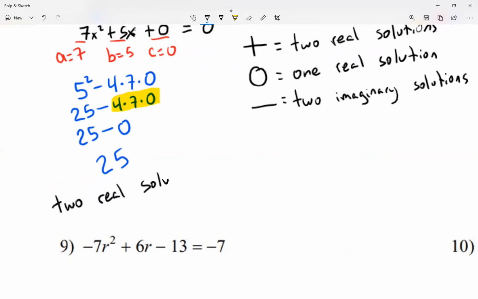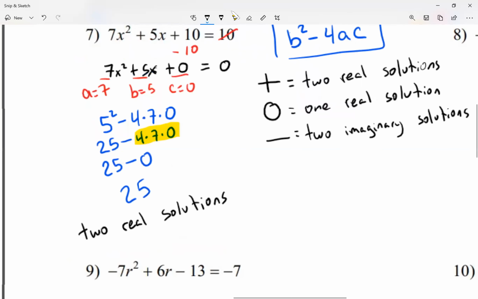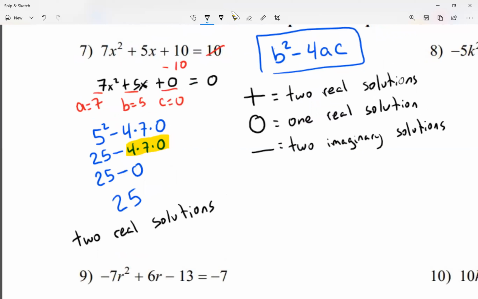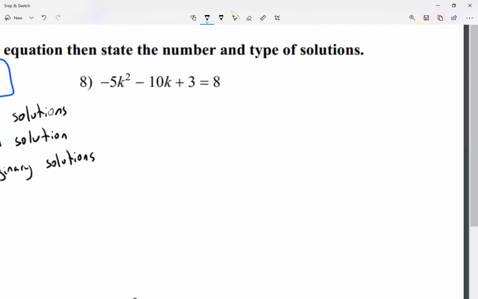And the reason why is because my discriminant is positive. Positive 25, but I just care about the sign. So be careful in the homework. If I asked you, find the discriminant, 25. If I asked you the number and type of solutions, your answer is 2 real solutions. All right, let's take a look at question number 8.